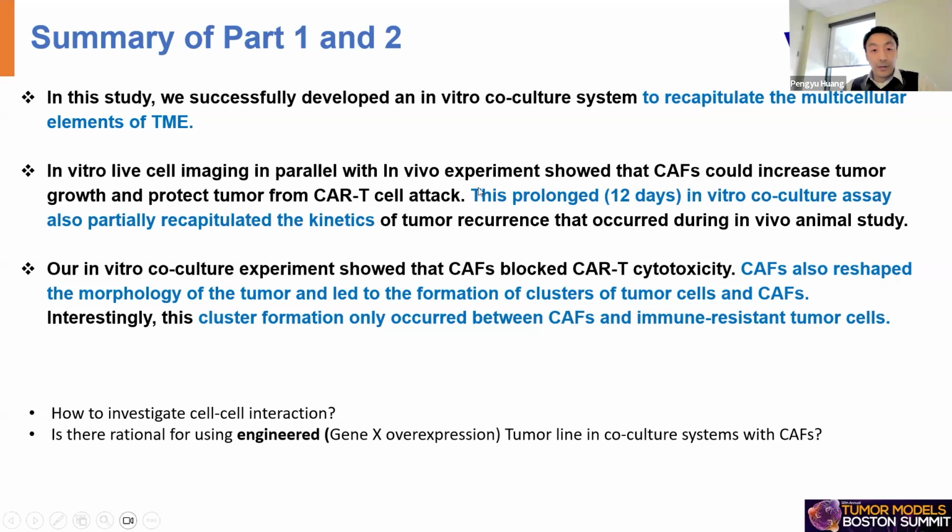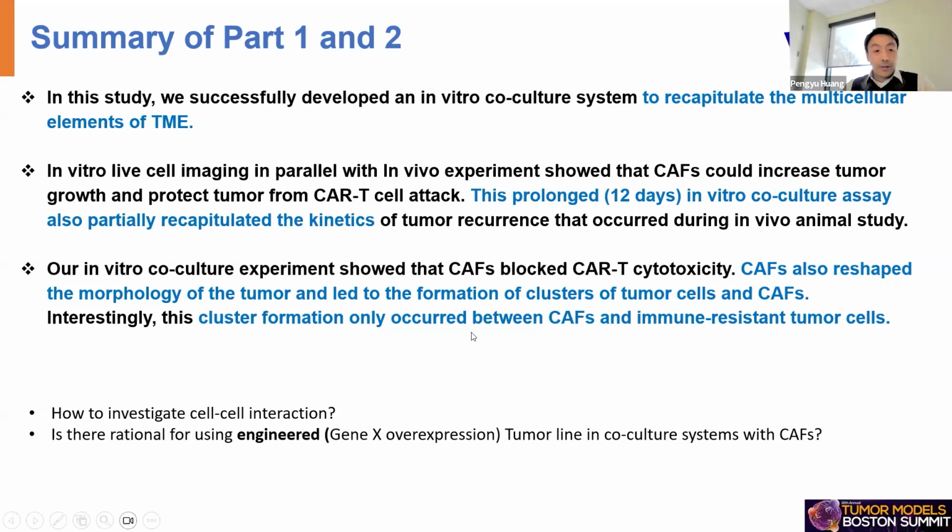Also, we show the CAFs can reshape the tumor morphology to make clusters. Also, a very interesting thing: this clustering only occurred when the CAFs were with the immune-resistant tumor cells.